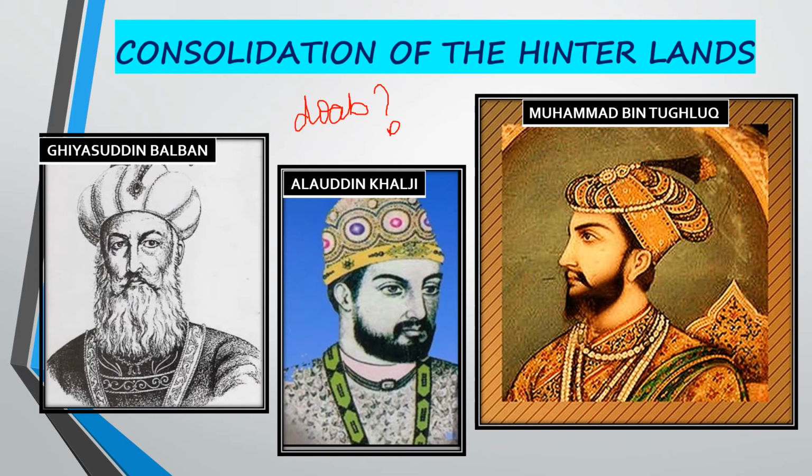The second expansion concentrated on the external frontiers. When I said internal frontiers, I told you internal means inside. External frontiers means the land or area that doesn't come under the control of the ruler, so it is outside.